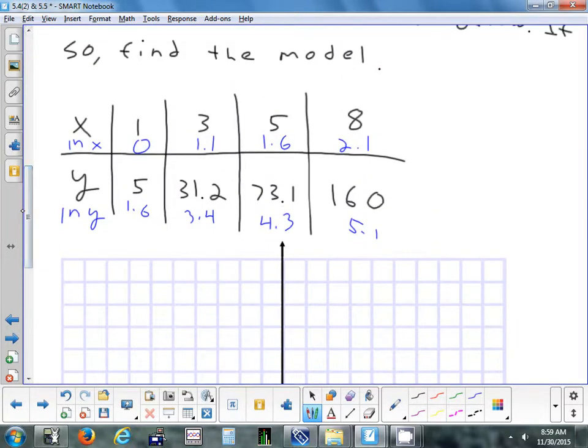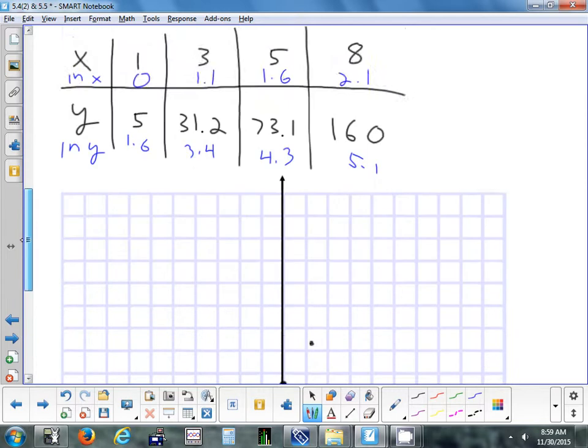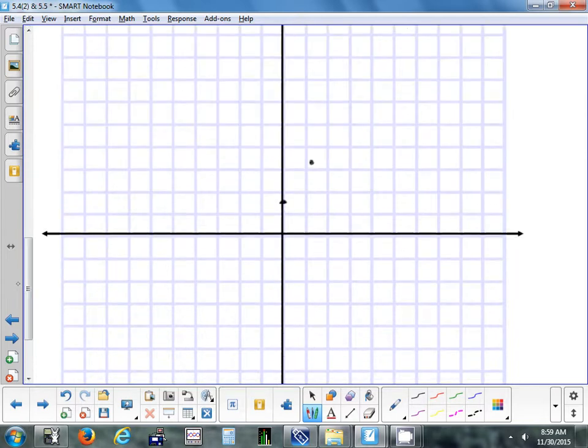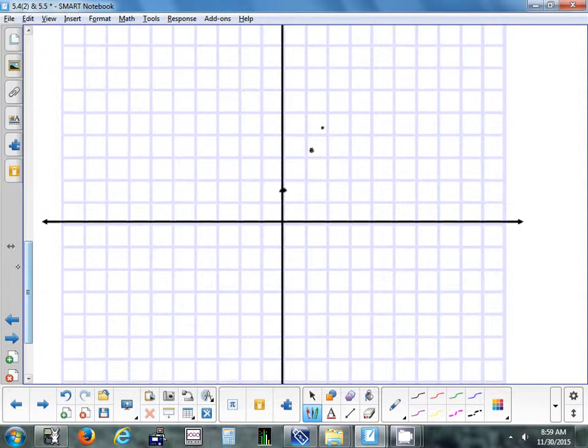Okay, 1.1, 3.4. Right, I got 1.6, 4.3, and 2.1, 5.1. Okay, does it look like those points are in a pretty straight line?